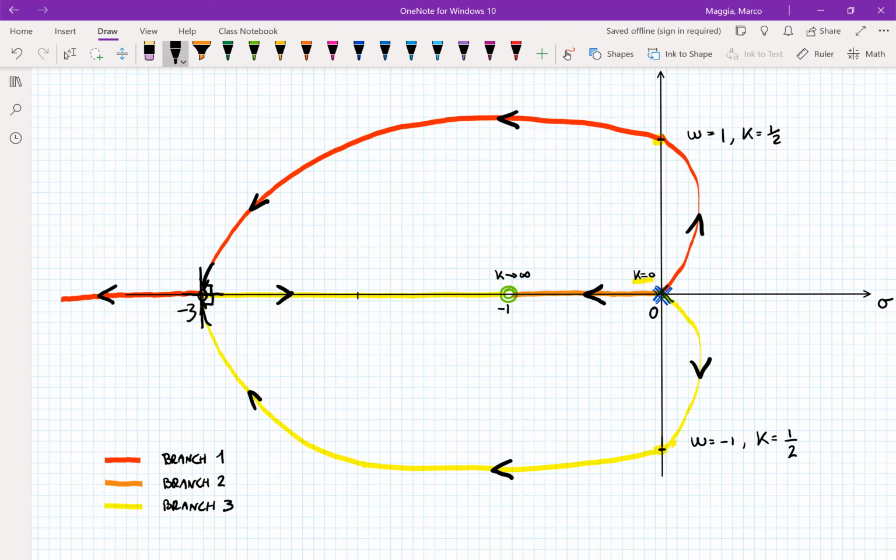If you have instead three branches, like the ones departing from the origin, they will do so like the asymptotes, at 60, 180, and minus 60. But if you didn't have this branch over here, let's say you had only two open loop poles at the origin, then they will go up perpendicularly at 90 degrees. But again, you'll acquire that with a little bit of practice.